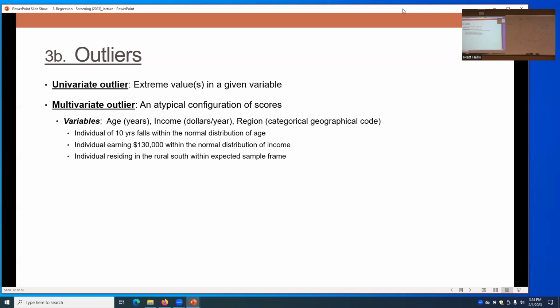Okay, so let's say I'm looking at a regression model, and I'm looking at age, income, and region of the country. If I have someone who's 10 years old, that's fine. That's not a univariate outlier because many people are 10, right?